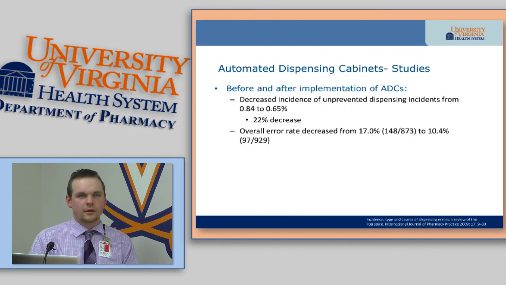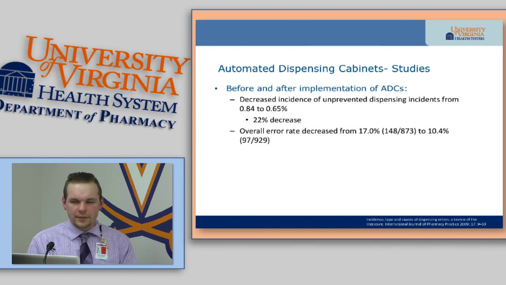So there are quite a few studies out there looking at the before and after implementation of automated dispensing cabinets. One study found a decreased incidence of dispensing incidents, as well as an overall decrease in the error rate.